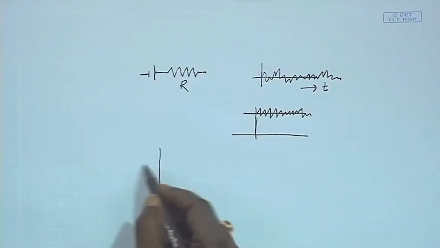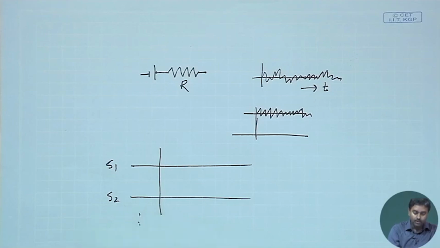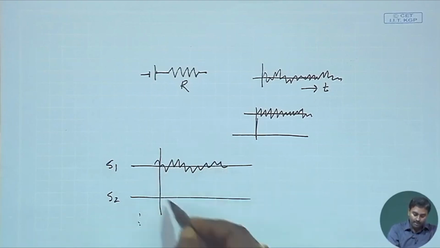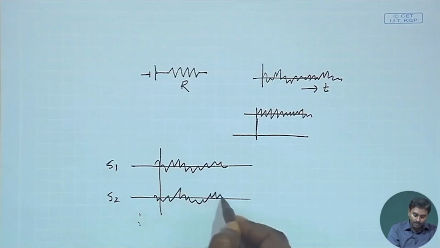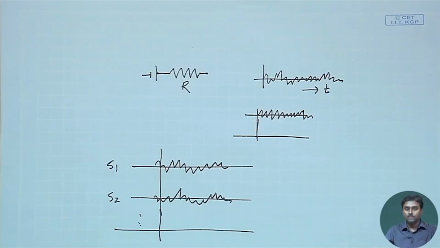What will we see? We will see every student recording a different kind of current pattern. Suppose this is for student 1, this is for student 2 and so on, and you will see a similar kind of current pattern, but with different random variation recorded by different students.